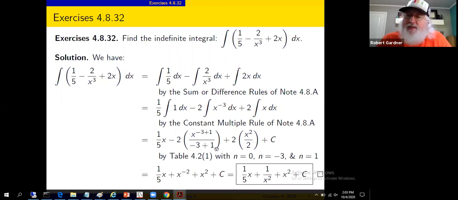We'll look at the table in a second. X to the 1, we'll add 1 to the exponent, giving us 2, divide by 2. And I owe you a plus a constant because this is an indefinite integral. This comes from table 4.2 part 1 with n equals 0 here, n equals -3 here, and n equals 1 here.